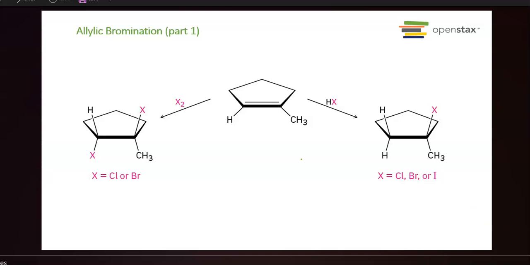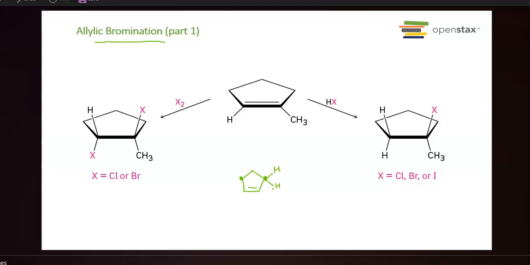Another method of preparation of alkyl halides is what is called allylic bromination. Now the allylic position is the position of the carbon atom next to the double bond. So for example, in this structure we have a double bond here, so the allylic position will be the position shown here. Same thing, this one is also an allylic position, and we have hydrogens here.